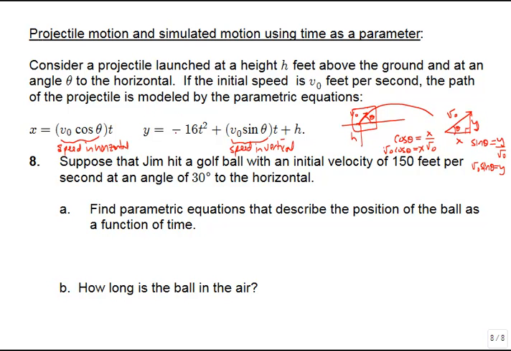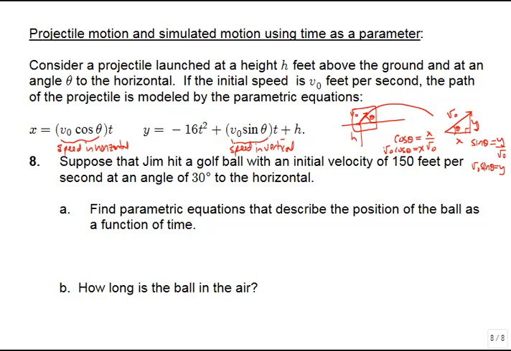And that's where this negative 16 comes from. It's actually negative 1/2 g. And if we're using feet per second as our units, g is 32 feet per second squared. So half of that is 16. So that's where it comes from. And then we also have our initial height off the ground having a role in this as well. So the x is your distance in the horizontal direction, your y is your distance in the vertical direction.